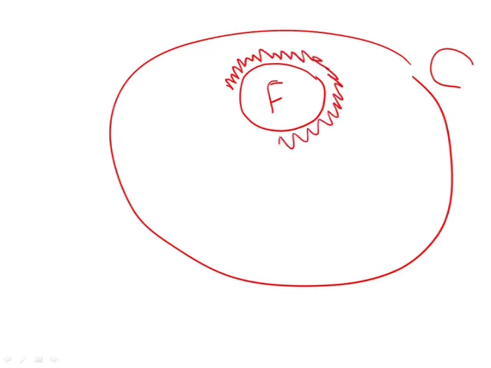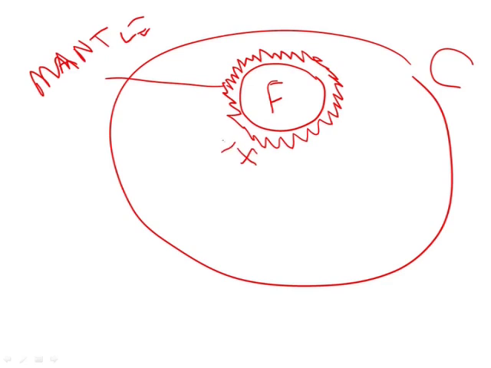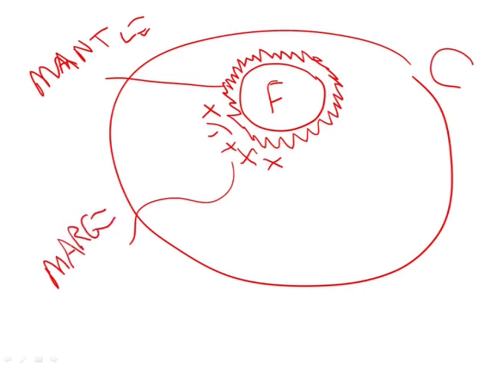It's a dark area that surrounds the follicle. This is called the mantle. And then outside of the mantle, on occasion, not always, we'll actually have generation of something called the margin. So these are the normal zones of the B area of the lymph node: follicle, mantle, and margin.